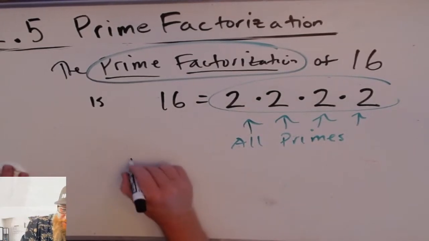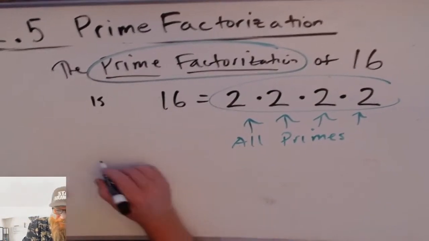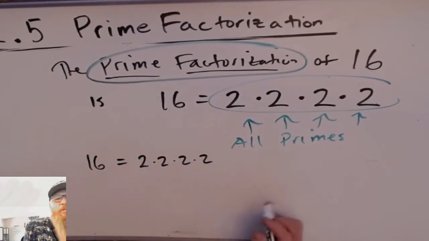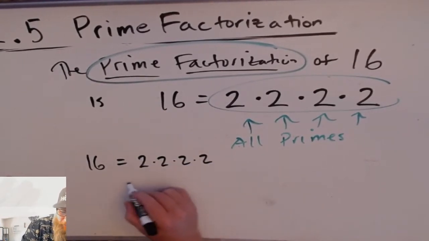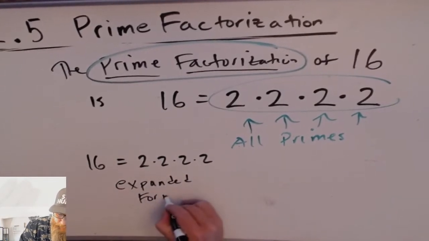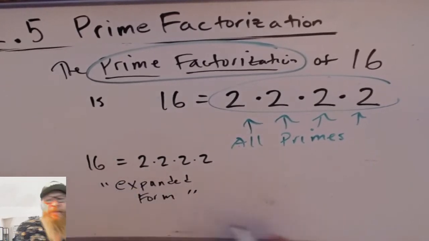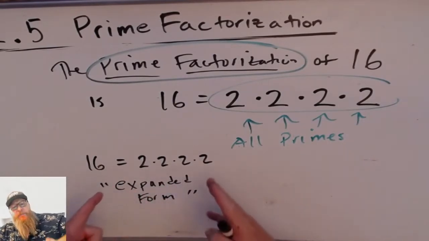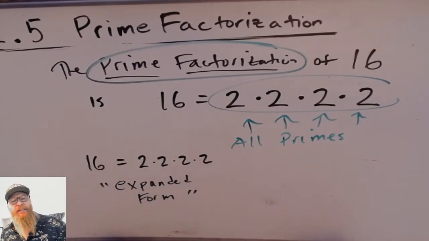If we keep it in this form, this is called expanded form. I hope the name is self-evident. It's expanded: 2 times 2 times 2 times 2.